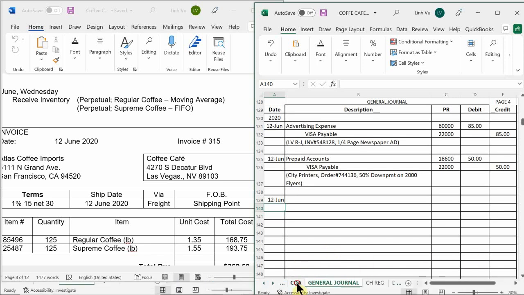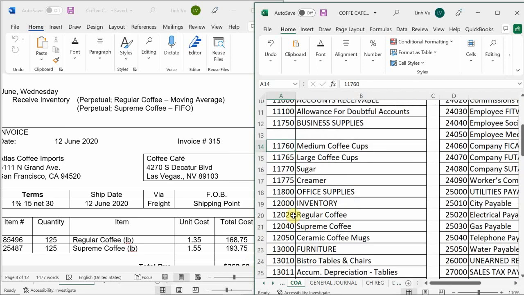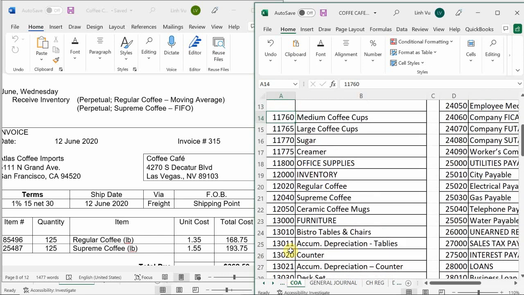Let's check your chart of accounts. What are my inventory items for these 2 coffees? So it would be 12,020 and 12,040.